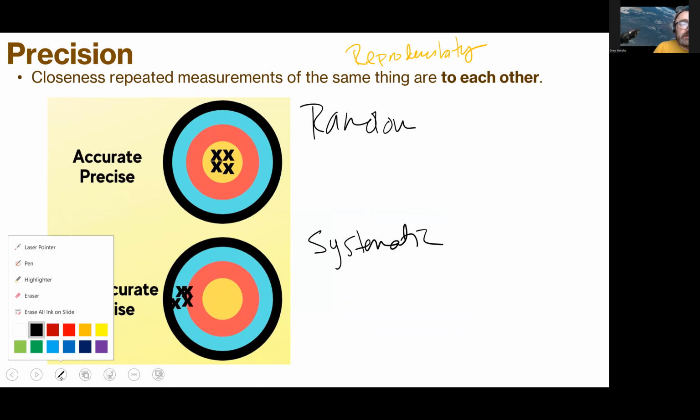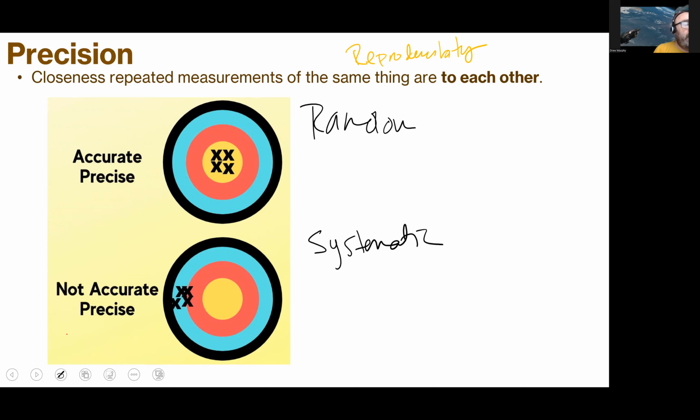Random error is not a big deal. Every measurement has random error. I'm sorry about my handwriting. All measurements have random error. Random error is just that, it's random, and if you take enough measurements, this is going to average out.